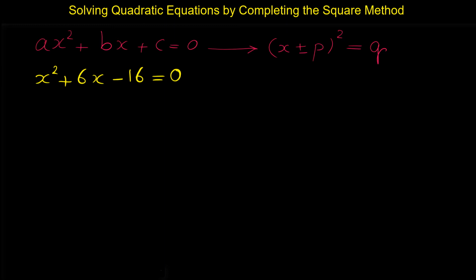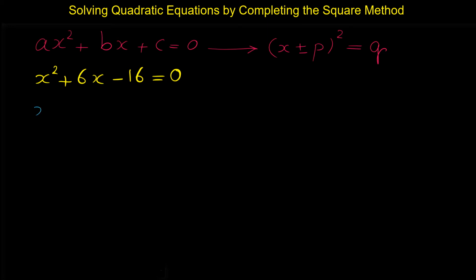We want to solve this equation with the completing the square method. Note that we can solve this quadratic equation easily with the factoring method or with the quadratic formula. But here our focus is solving quadratic equations with the completing the square method.